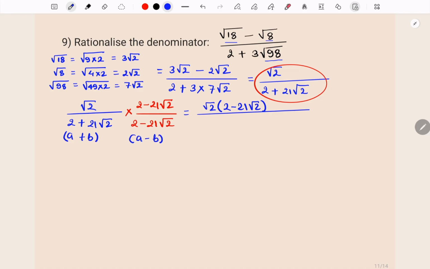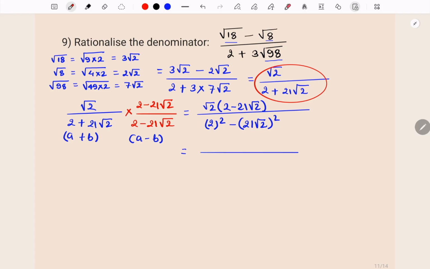Again, the same algebraic identity. So it will simplify into a squared, that is 2 squared, minus b squared. We have 21 root 2 in the place of b, so 21 root 2 squared. Let's solve the numerator and the denominator.